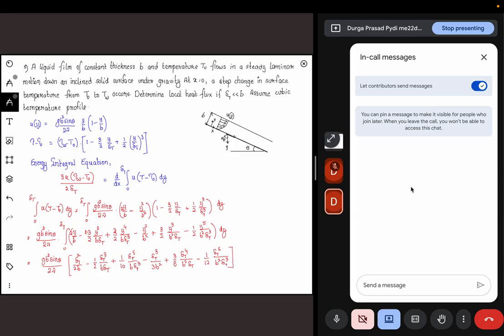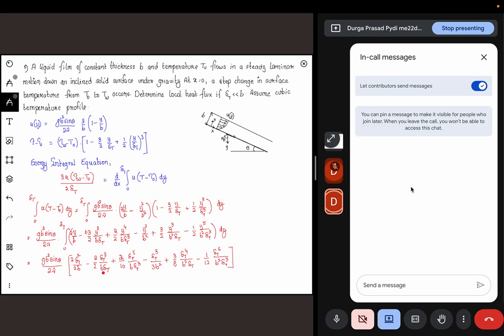So if I substitute delta T, there will be a 2 here, there will be a 2 here, and I have 5, so I have another 2 here. The remaining terms are the same.